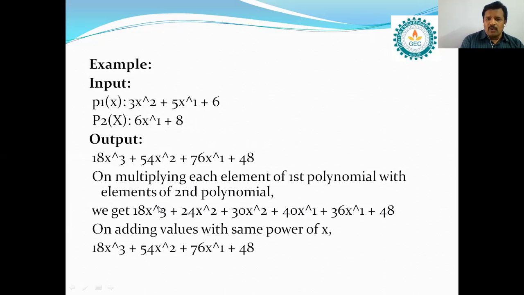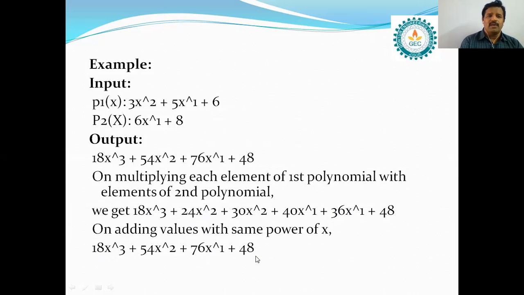There is only one x cube, so we can write as it is, 18x cube. And for exponent 2, x square has two terms, 24x square plus 30x square, that is 54x square. Plus 40x power 1 plus 36x power 1. We can add these two coefficients, that is 76x power 1, and the constant is 48.